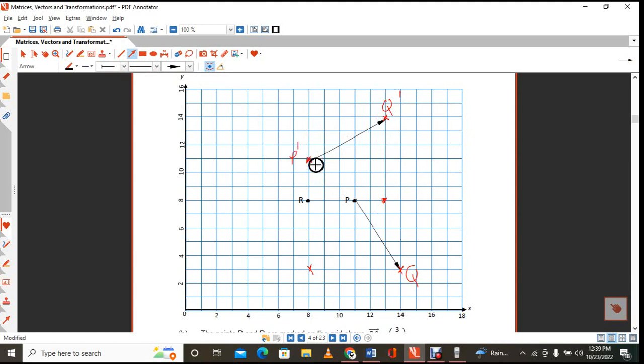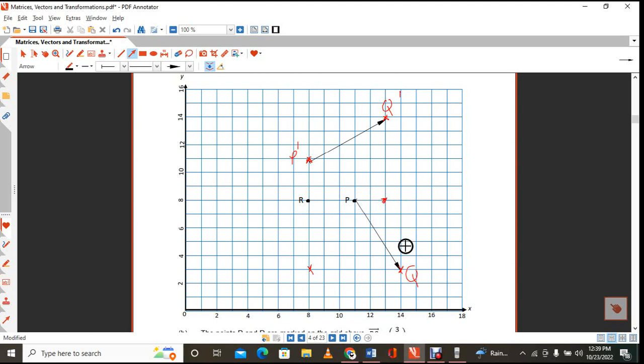Every point should make exactly an L, 90 degrees, in that direction. When you look at where this point is, it makes an L with regard to the point where you are. Can you see the L going from there to there? From R all the way up here, so 1, 2, 3, 4, 5, 6.